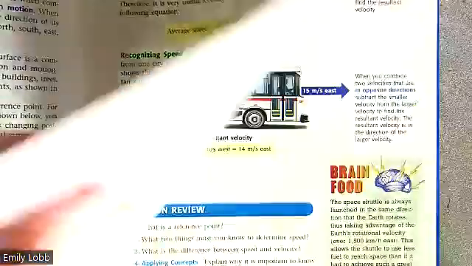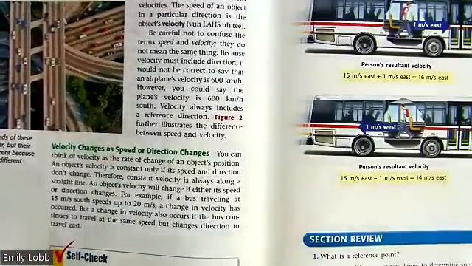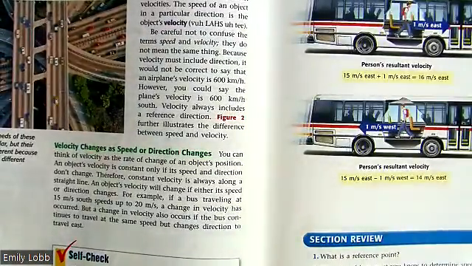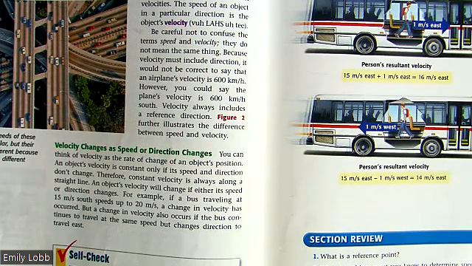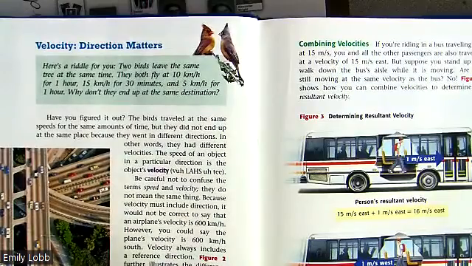All right, I'm turning to page 6 and so should you. We're going to look at velocity. So now, adding to the speed, we're having direction. Speed does not include direction, but velocity does. Are you ready? Here's a riddle for you.